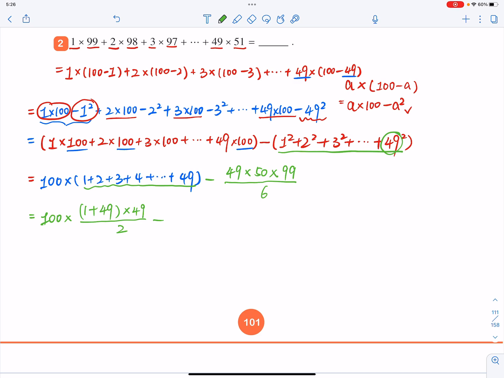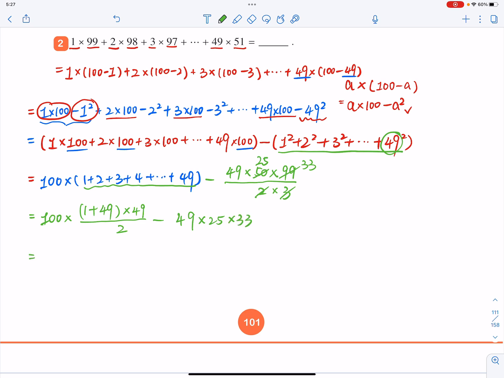As for this 6, you can write that into 2 times by 3, because 50 is divisible by 2, so we can simplify that. So that we got 25. And also 99 is divisible by 3. 99 divided by 3, you got 33. So basically we take away 49 times by 25 and times by 33.